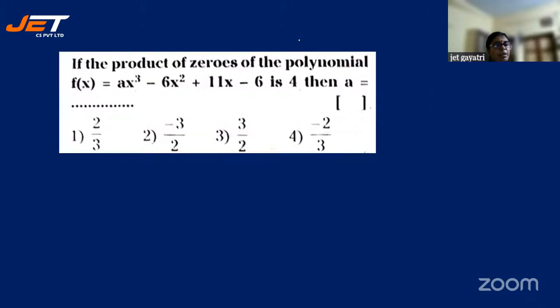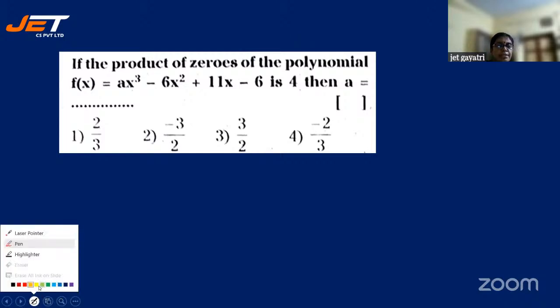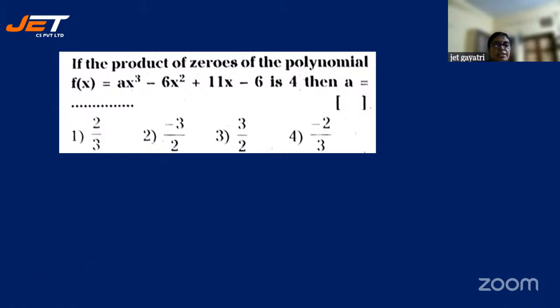See the next question. If the product of the zeros of the polynomial ax cube minus 6x square plus 11x minus 4 is 4, then what is a? Let's see here. The product of the zeros, alpha, beta, gamma, is 4. What is alpha, beta, gamma?